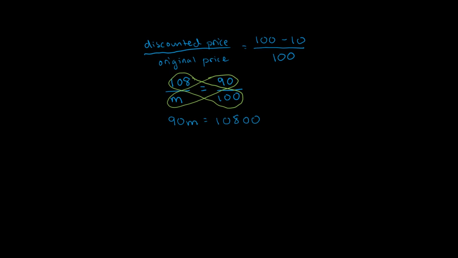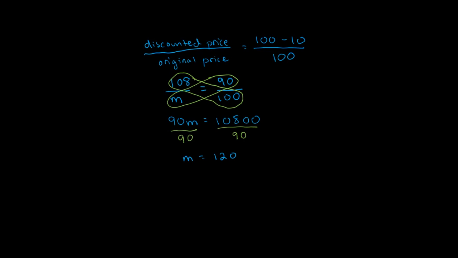And then I'm going to divide both sides by 90. We get M equals 120.